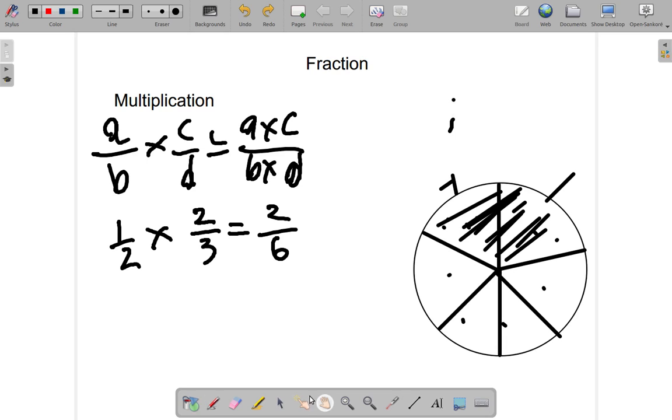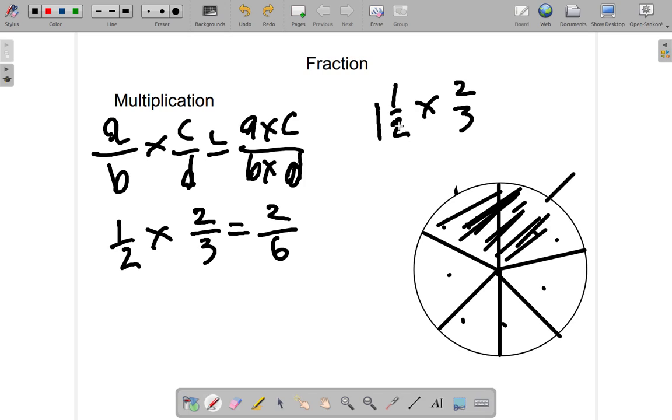Now, one tip, remember, if you get, for example, 1 1/2 multiplied by 2/3, you must turn the mixed fraction into an improper fraction before you multiply. It also applies to addition, subtraction as well, and division, which we haven't come to yet, but we'll see. So 1 1/2 we saw before.